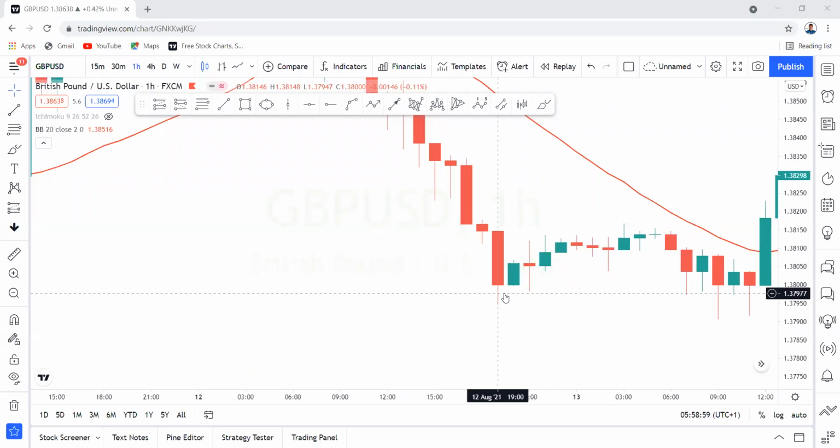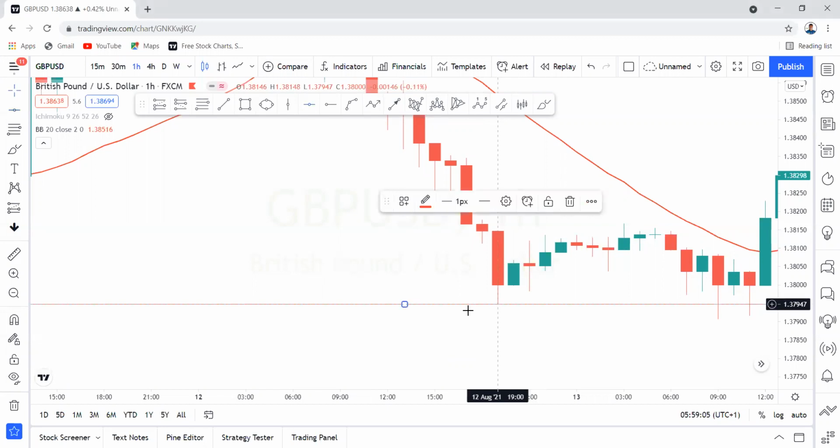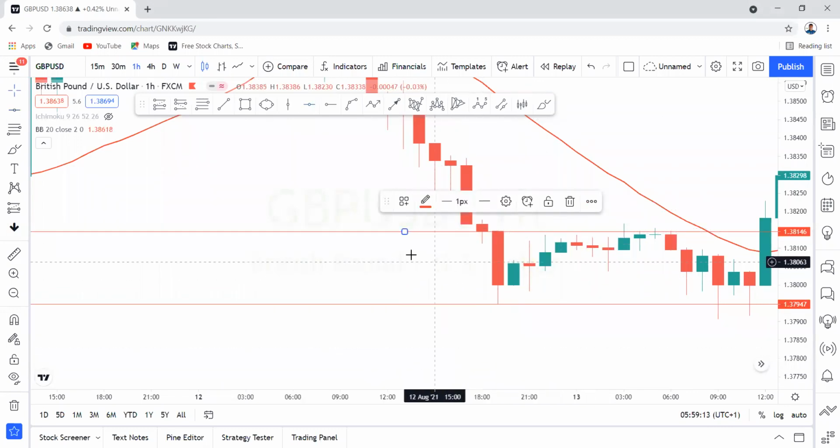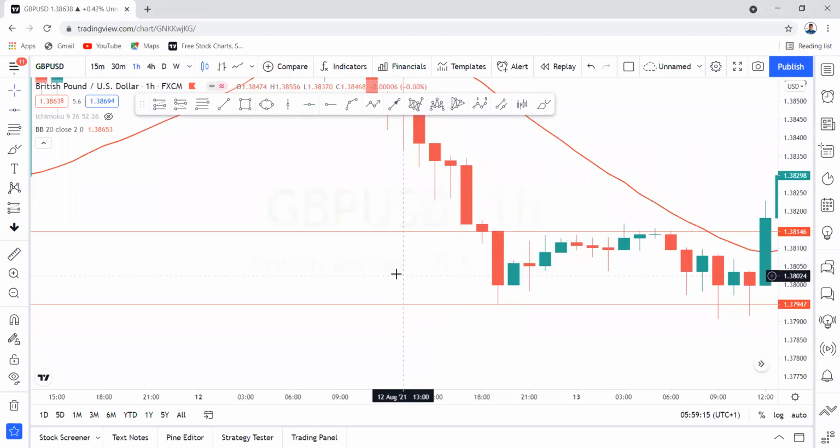Now, how do you trade this candle? Let's say you want to trade it. This is where it opened, this is the low, and this is the high. You wait for other candles to break above here, a healthy candle, not a weak rejection.